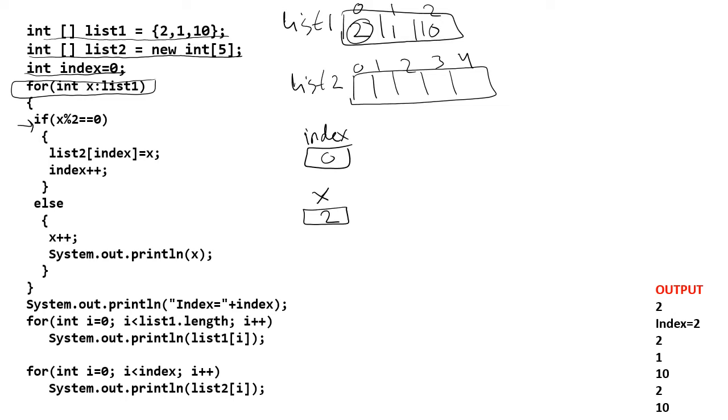Is it an even number? Yes. So what do you have to do? You will have to say go to list 2 at location of the index, which is 0. It should be having the value x. Go to your array list 2. In which location? Location 0. The value you have to save here is x, which is currently 2. Index plus plus means increment index, so the value of index will be 1.